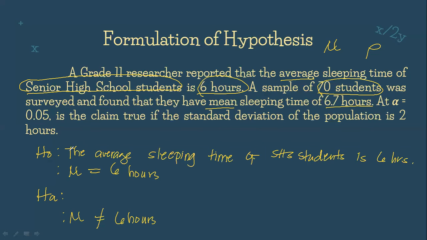So ito naman po, my dear students, kapag binaliktad natin siya or kinontradict natin siya, meron lang po tayong idadagdag na isang word. At ano pong word yun? Yun po ay not. Para po makonote natin yung not equal.